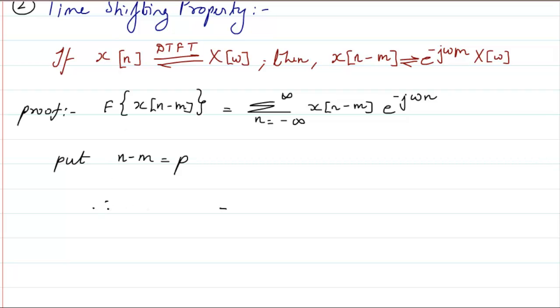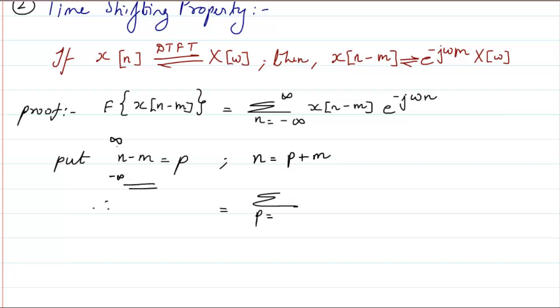Therefore, this is going to be equal to summation p is equal to, now what should be the value of p? According to this equation, n should be equal to p plus m. For n is equal to minus infinity, p is going to be minus infinity.